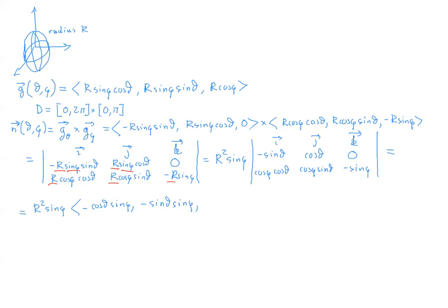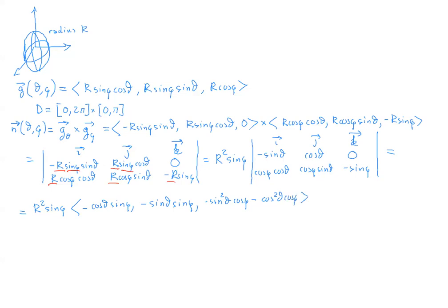And for the last coordinate, delete the first row and the third column, and what you will get is a little more complicated, right? So it's minus sine squared theta times cosine phi, and then you have minus cosine squared theta cosine phi.